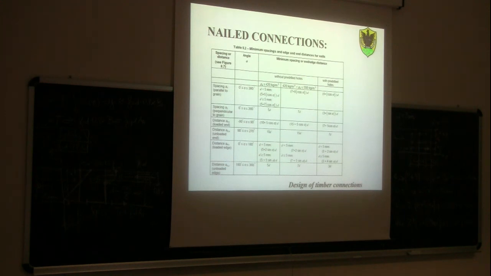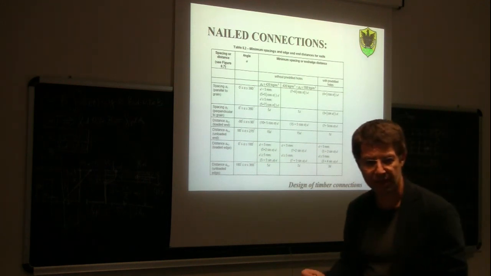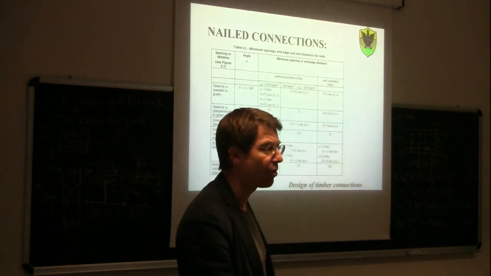So not like in our case, where we are talking about 10. For steel it is 3. And for end distances, in our case we are talking about 15 diameters, for steel it is something like 1.5. So this limitation on the spacings and end distances is much more severe in timber compared to steel.